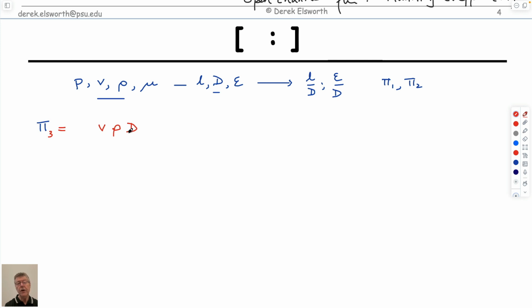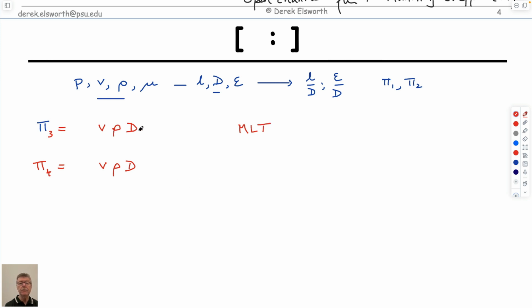And what these repeating variables have to do, because I'm going to do pi 4, which is also equal velocity, density, and diameter. These are so-called repeating variables because they turn up in different pi groups. They have to include all of mass, length, and time.